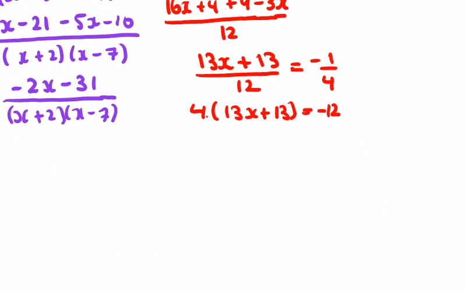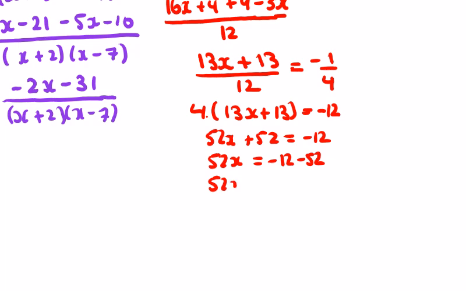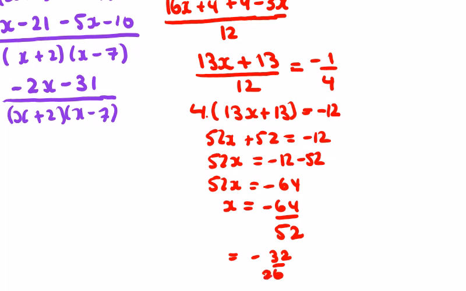And then simplifying this, we're going to get 4 13s or 52x plus 52 equals minus 12. So 52x is equal to minus 12 minus 52. 52x would be equal to minus 64. So x would be equal to minus 64 over 52, which is equal to minus 32 over 26, which is equal to minus 16 over 13. I think that's it in simplified terms.